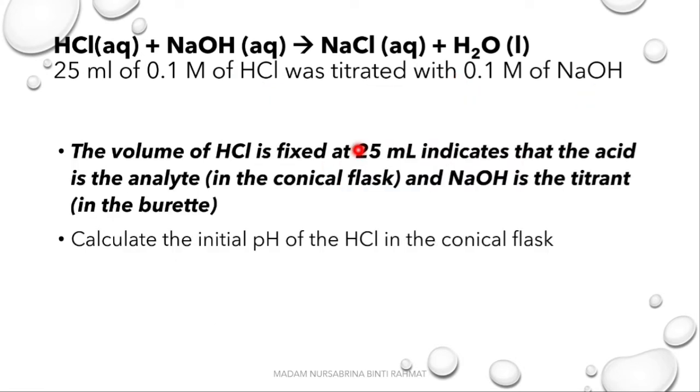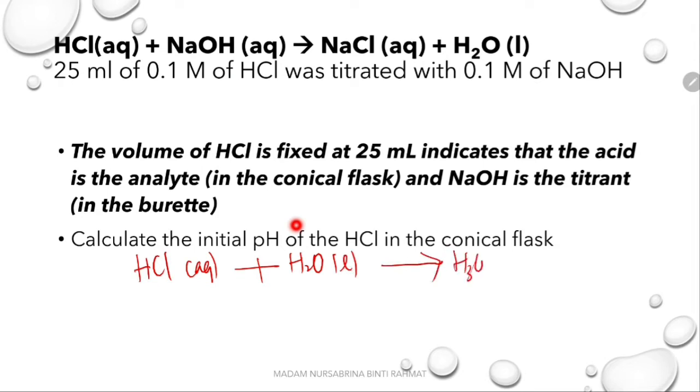Let's begin. To calculate the initial pH of my HCl, our analyte: since this is a strong acid, whatever initial concentration of HCl is present will be used to produce H3O+ and equal Cl-, because it's a complete dissociation.